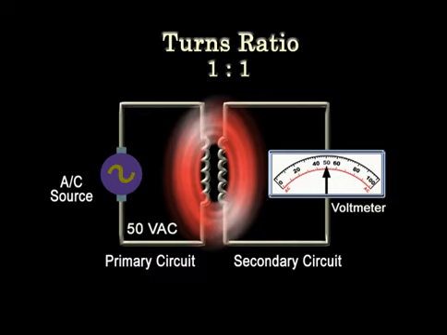But if the turns ratio is changed to 1 to 2, the voltmeter will show 100 volts against the input of 50 volts. But if the turns ratio is 2 to 1, then the 50 volts of input voltage will result in 25 volts on the output voltmeter.